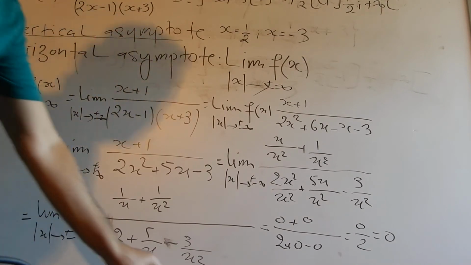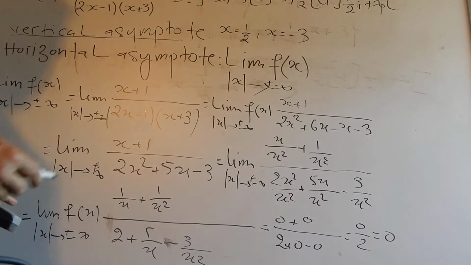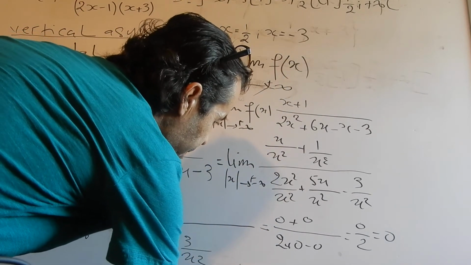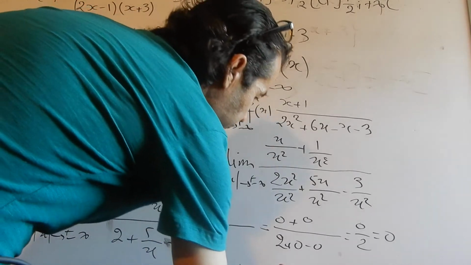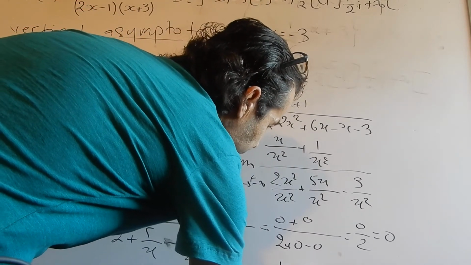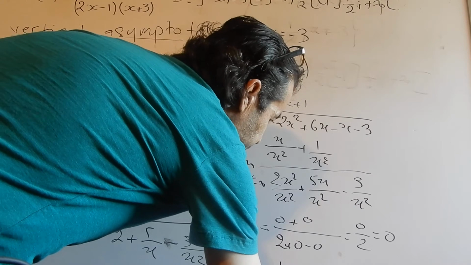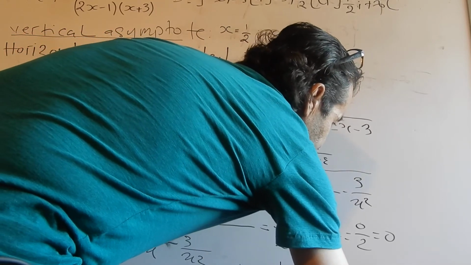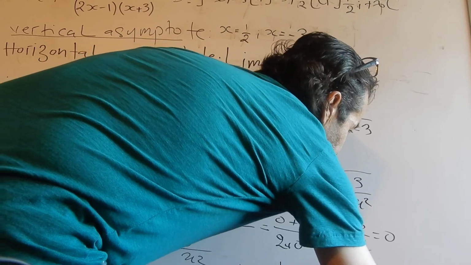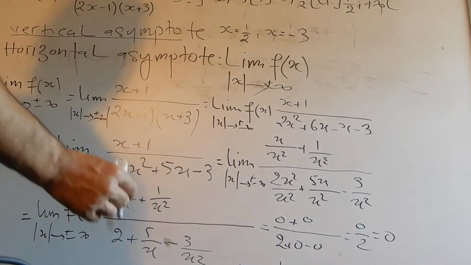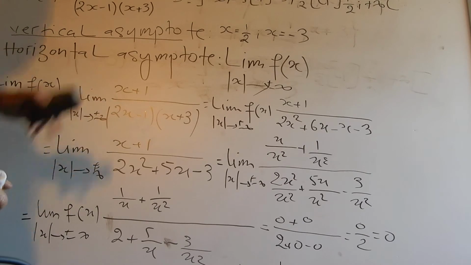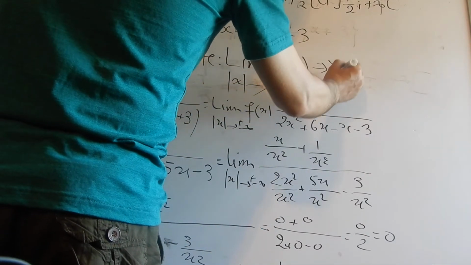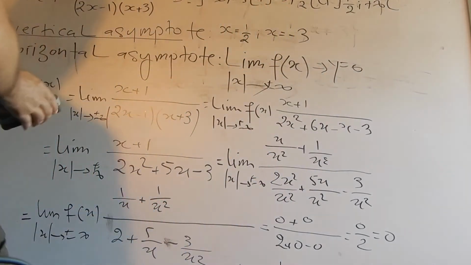So from here we can say that y equals 0 is a horizontal asymptote. So the horizontal asymptote is y equals 0.